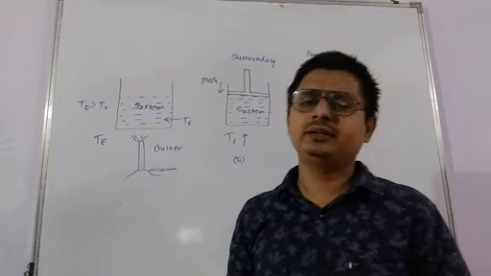To increase the temperature of a system, there are two basic methods. The first basic method is to apply a source of heat like a burner, which will increase the temperature of the system. What happens in this case? There is a container which contains a certain volume of liquid.